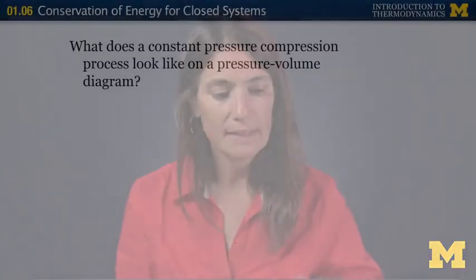So what I want you to do before we start the next unit is think about, for a constant pressure process, what would the pressure look like? What would a diagram of this process look like on a PV diagram? So let me set that up for you.